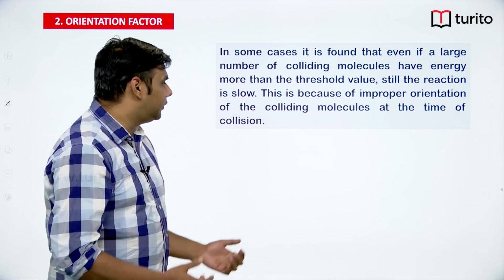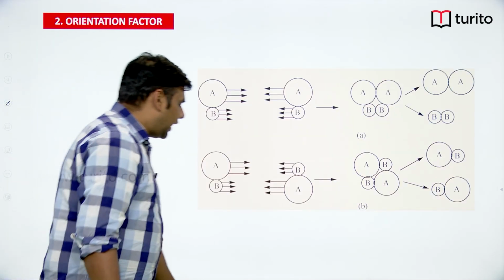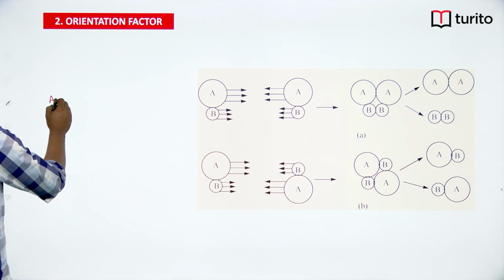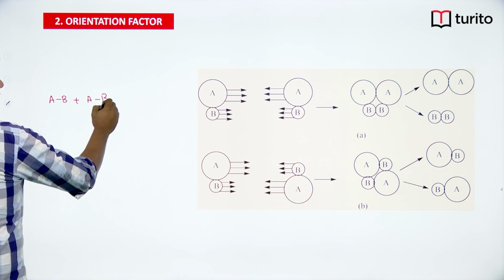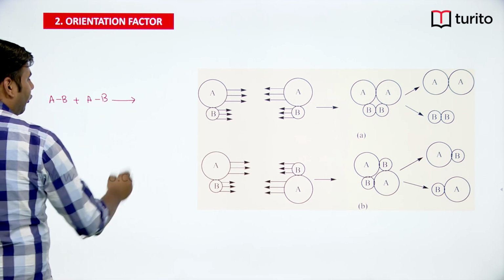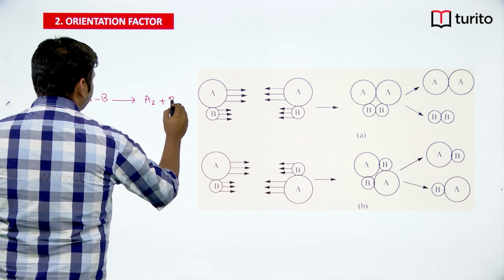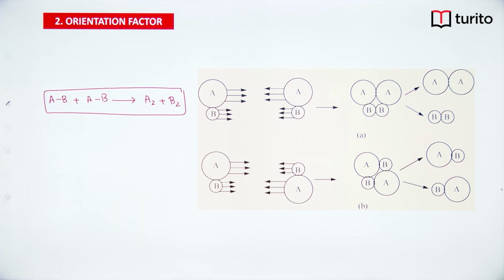So let us consider a hypothetical reaction where two molecules of AB react with each other and form A2 and B2. I hope this is clear to everyone.